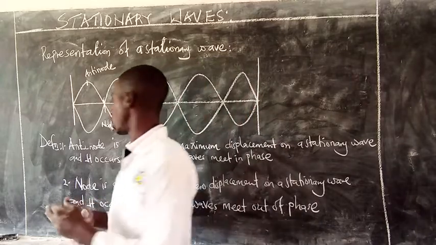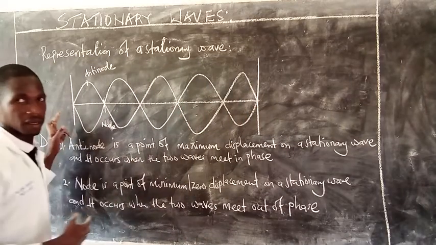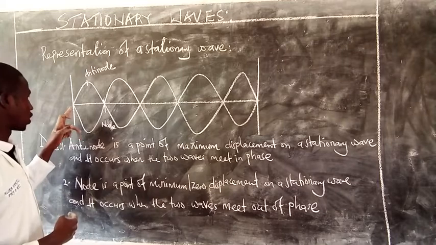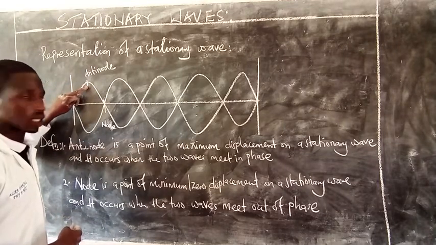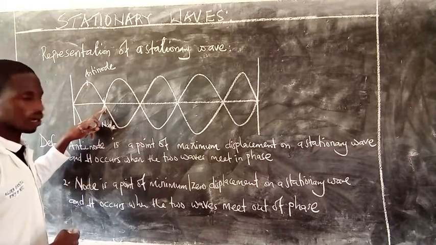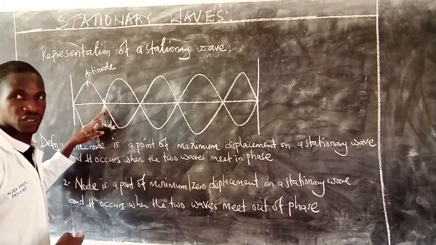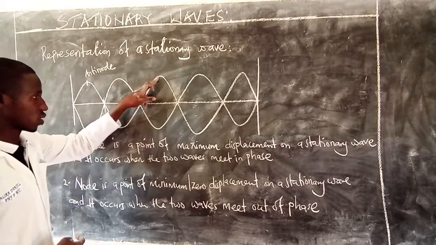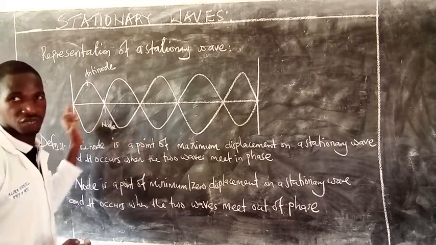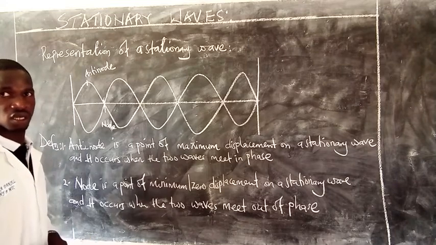This is how it's represented. You see, it has the point of maximum displacement, which is the antinode, and the point of minimum displacement or zero displacement, which is the node. Maximum displacement, minimum displacement, maximum displacement, minimum displacement. This is the representation of stationary waves.